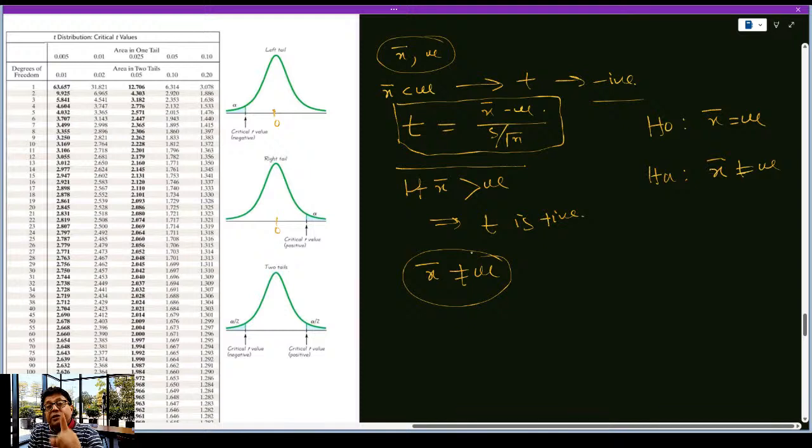If it falls in the shaded region, then you have to reject the null hypothesis. If it doesn't fall, then you have to accept that there is no reason for rejecting the null hypothesis. Got my point?